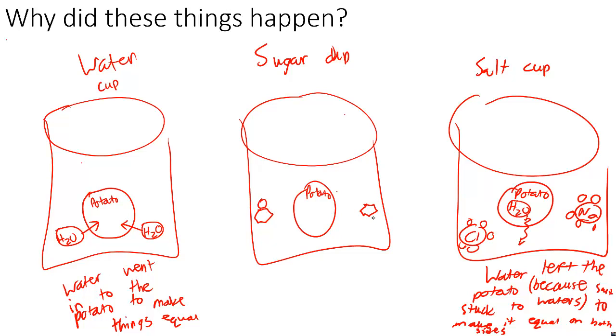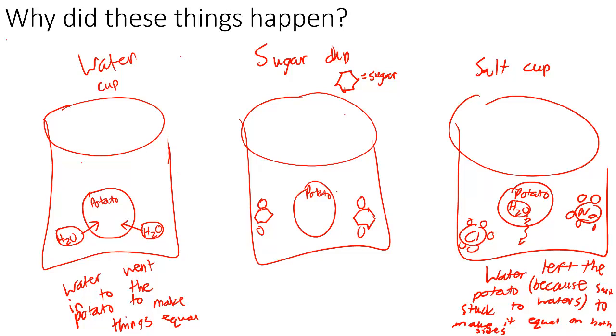Sorry, let me write this here. This is a sugar, okay? So if I draw that, that means it's a sugar. So we've got sugars in here, and they are sticking to waters, the little circles, okay? Sugar sticks to like maybe 2 waters.